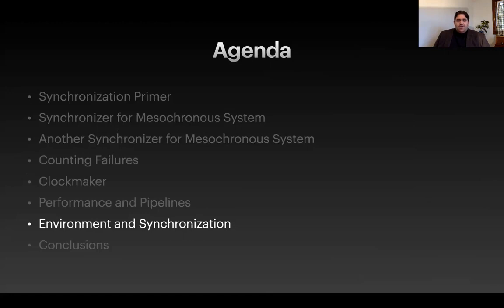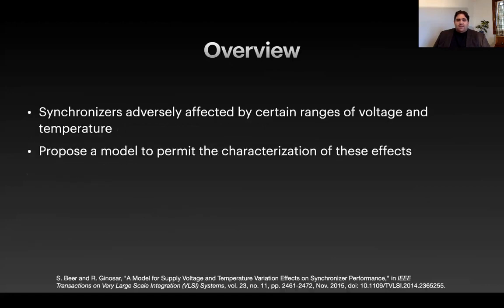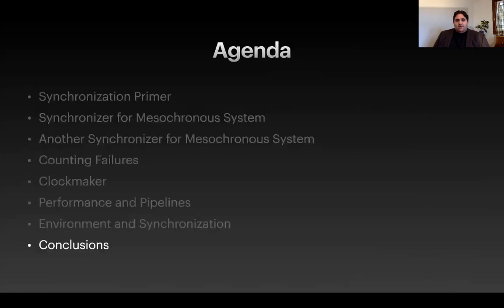And finally, this last paper explores environmental effects and synchronization. They note that synchronizers are adversely affected by certain ranges of voltages and temperature, and they propose a model that can help characterize these effects. And that is the contribution of that paper.